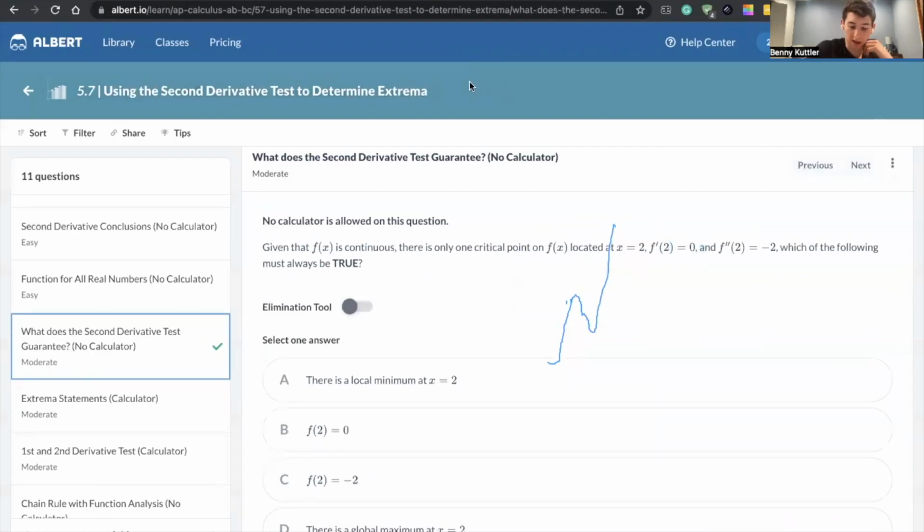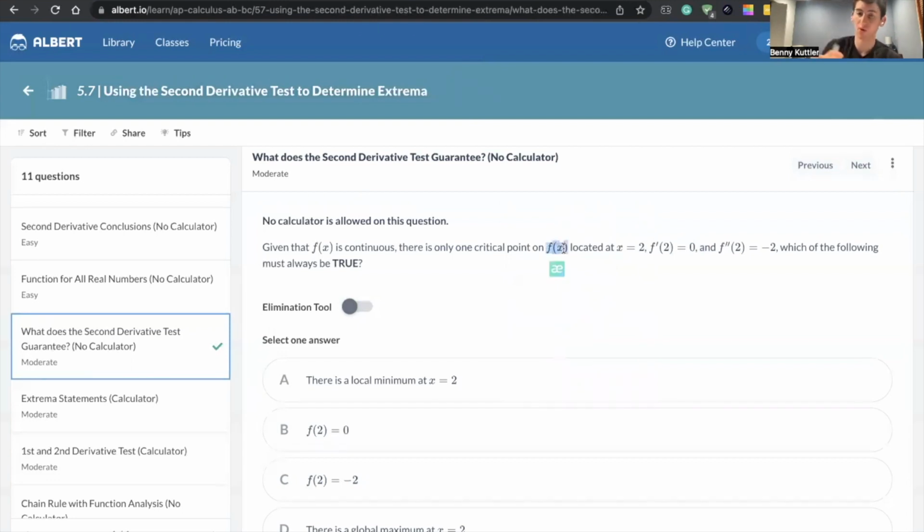Okay, so next we have a problem that's basically asking you to see what we can guarantee based on some information. This is similar to what we did in Unit 4 and also determining global extrema. So given that f of x is continuous, there's only one critical point on f of x.